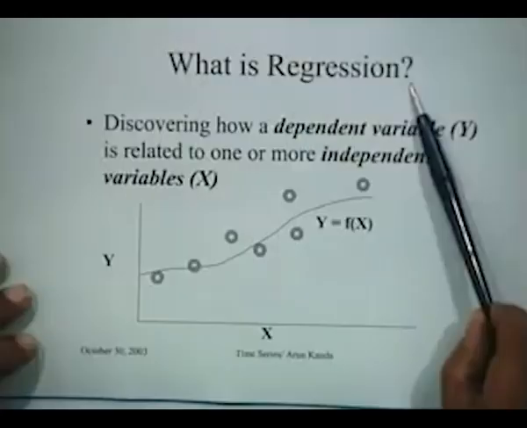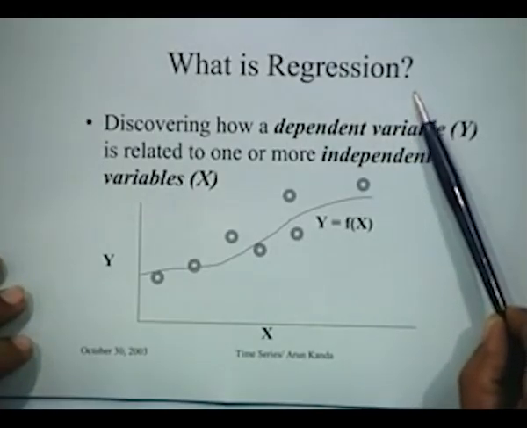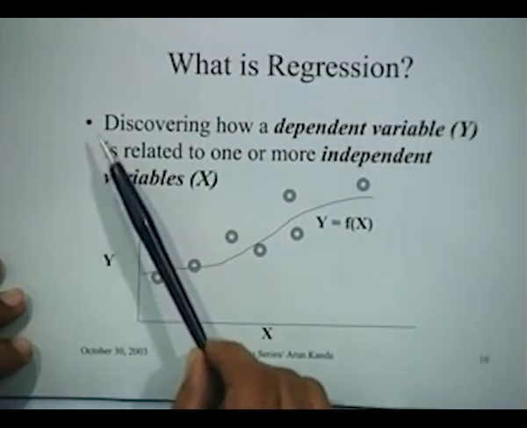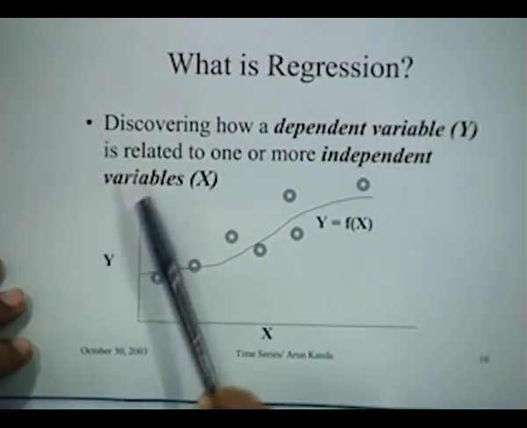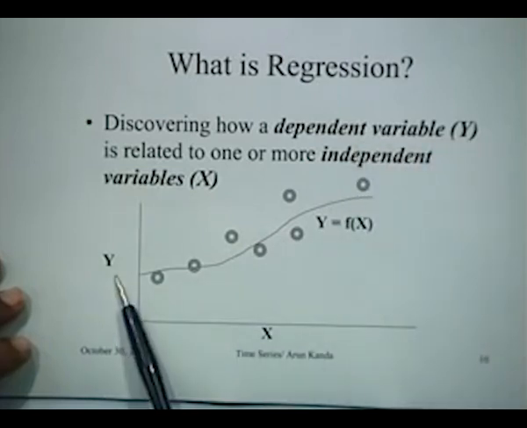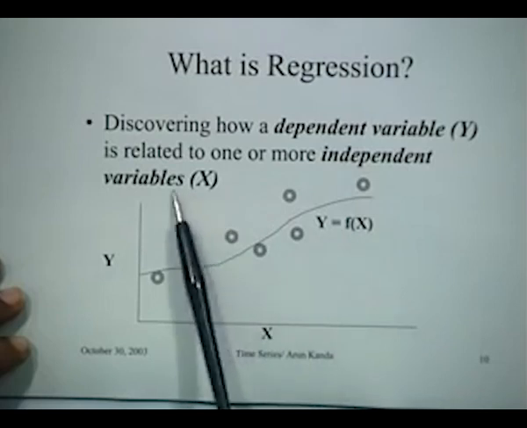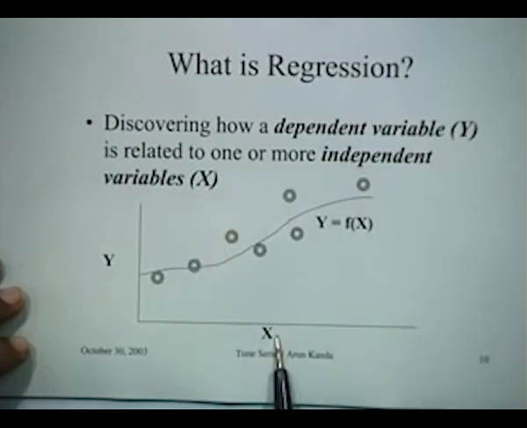So essentially, if we ask ourselves what is regression, basically the purpose of regression is discovering how a dependent variable y is related to one or more independent variables x, or x1, x2, x3 and so on up to xn.